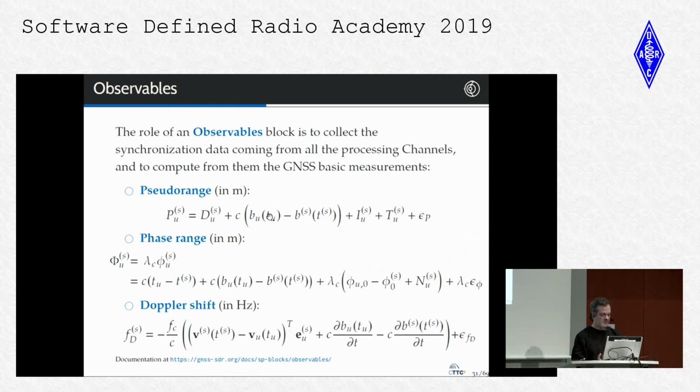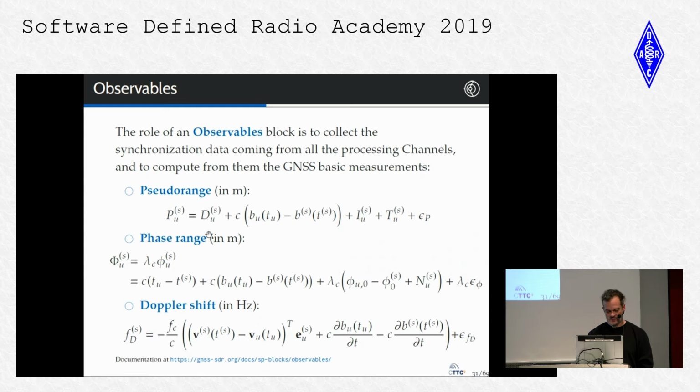This is why we call it pseudorange, because it's not exactly the geometrical range, but it is affected by clock drift and by atmospheric effects like the ionosphere, troposphere, or measurement noises.